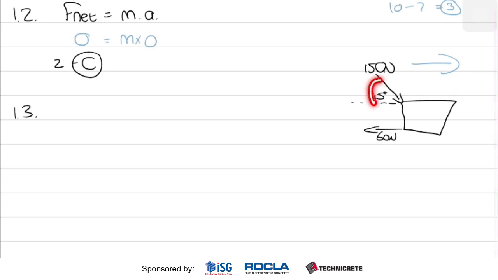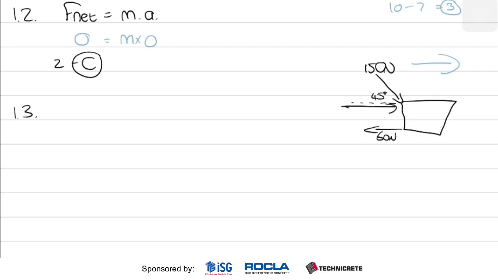So here, how would we calculate our force? Well, we know that this is our hypotenuse, this is our adjacent, and this is our opposite side. We want to calculate our adjacent, and we have our hypotenuse. So what would we do? We would say cos 45 degrees times 150, which would give us a value of 106.